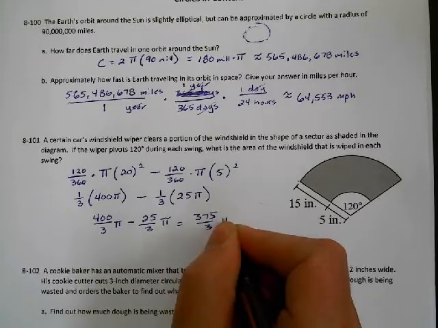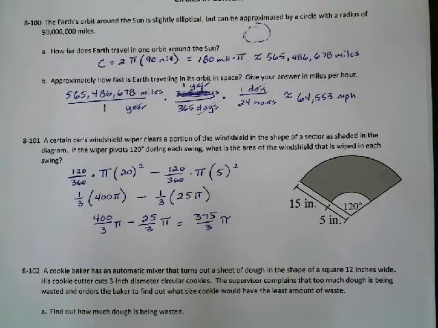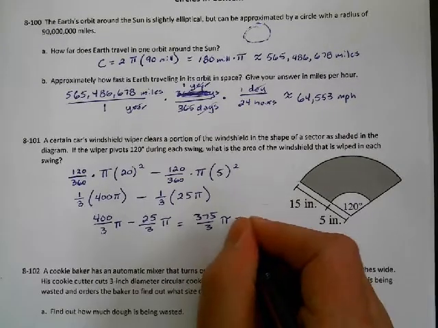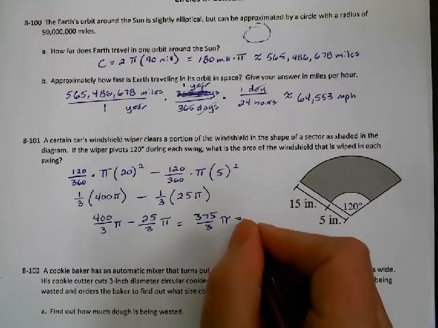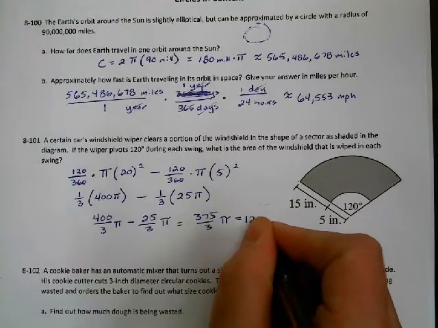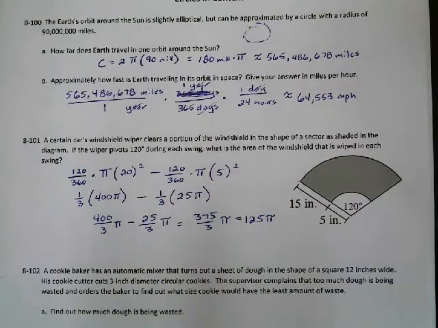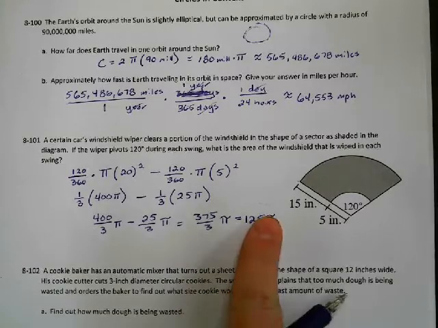That's the exact answer. We would probably want to work that out and see what it actually comes out as being. Does this reduce? Wait, it does reduce. 3 goes into that, 3 goes into there 125 times. Almost missed that. So it comes out to 125 pi. So 125 pi is that area up there.